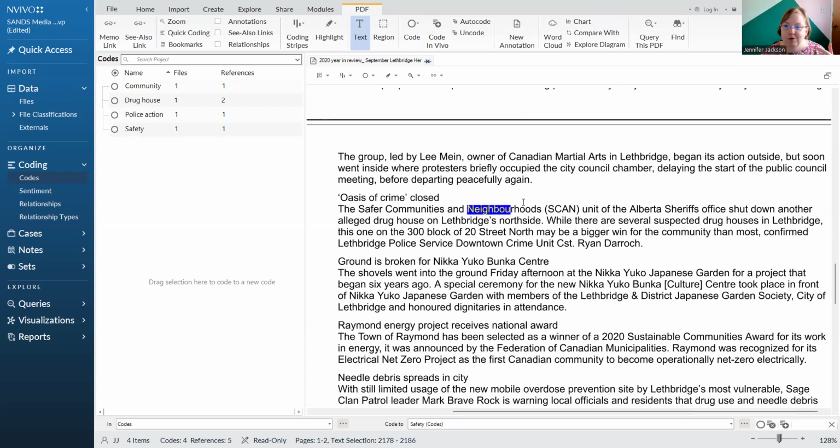So what this writing does is it depersonalizes the people on the receiving end of the police action. And so the narrative leads with a police perspective. It frames this as a much bigger win for the community. And so the message we get here is that this is a good thing.